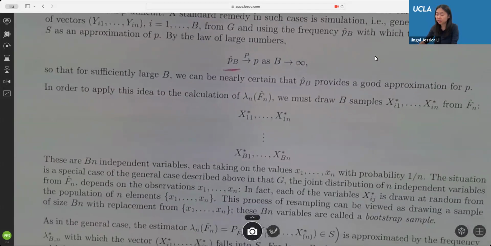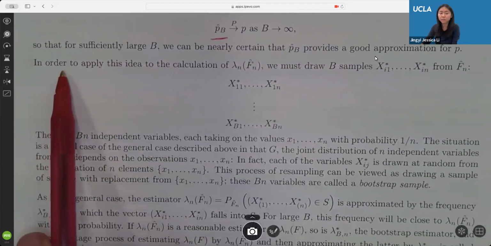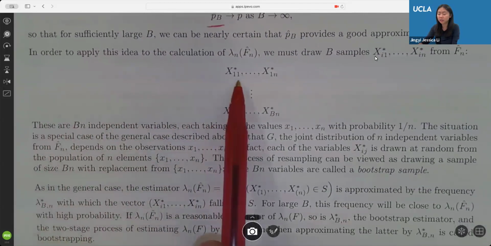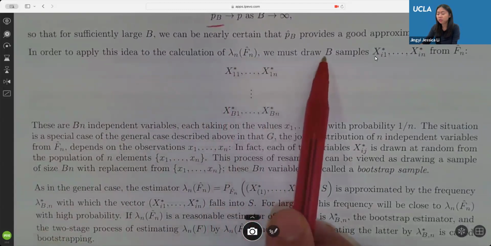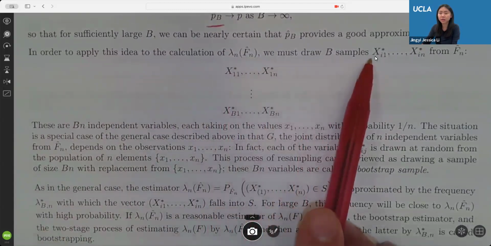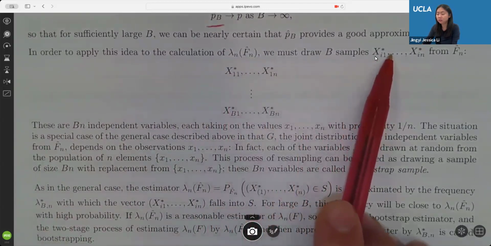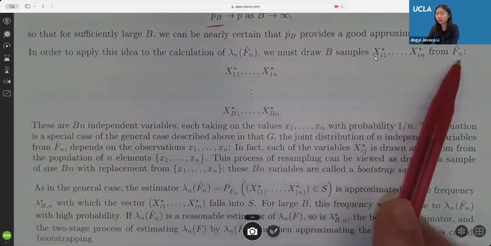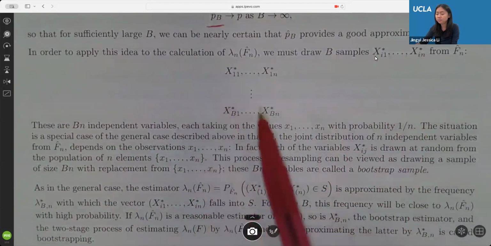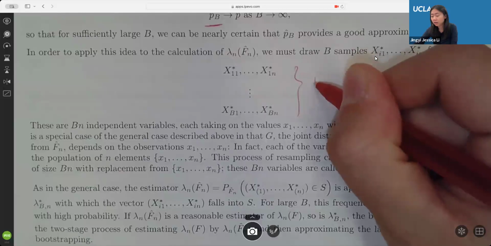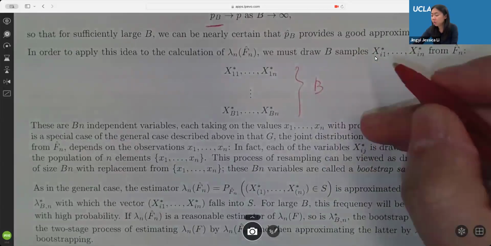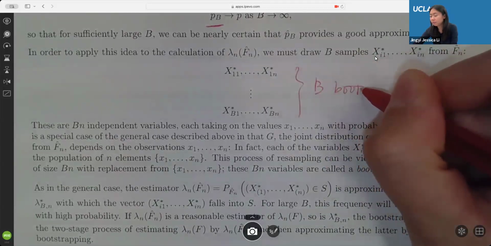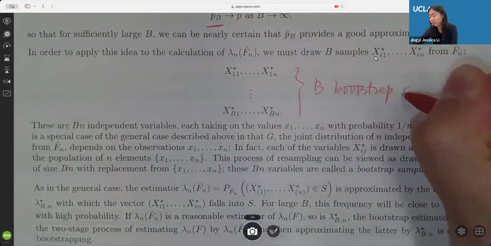So in order to apply this idea to calculate this lambda n fn hat, we must draw capital B samples xi1*, ..., xin* from fn hat. These are B hypothetical samples, and now we give them a name: bootstrap samples.